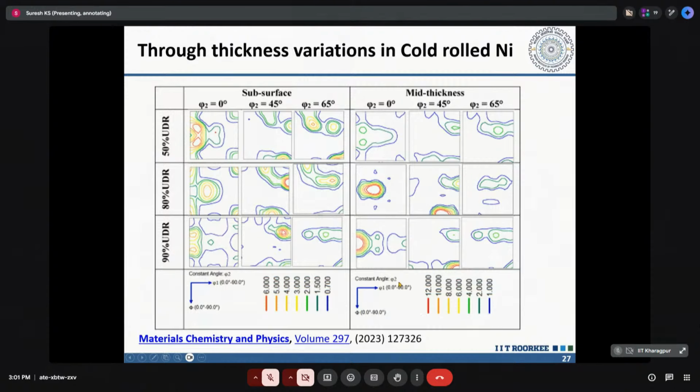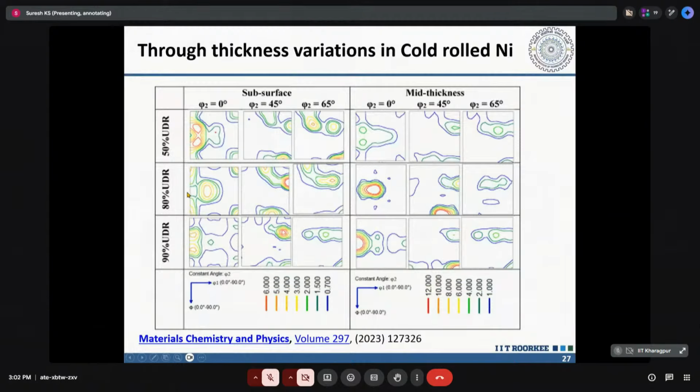Otherwise, many of the other orientations would not be visible if I used a very similar color coding for both cases. So the orientation corresponding to this has the maximum preference after 90% thickness reduction, while at the surface level the corresponding values range between 3 to 5, meaning that the appearance of these orientations at the subsurface level is about 200 to 400% higher in probability than the appearance of random orientation, whereas in the mid thickness region you have about 700 to 1100% higher probability.